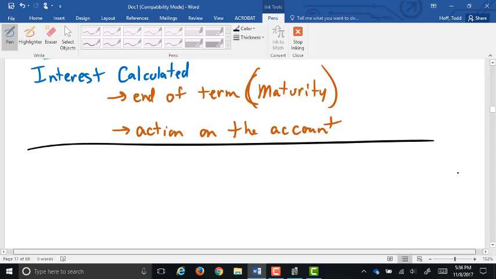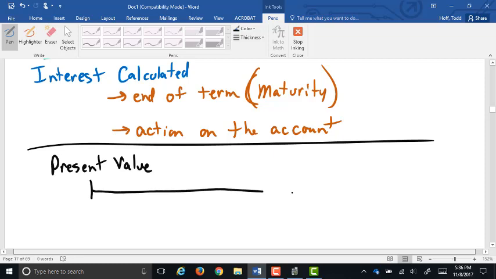Some terminology that we're going to look at. Present value is the value in the present. Yes, this is one of those timelines again.